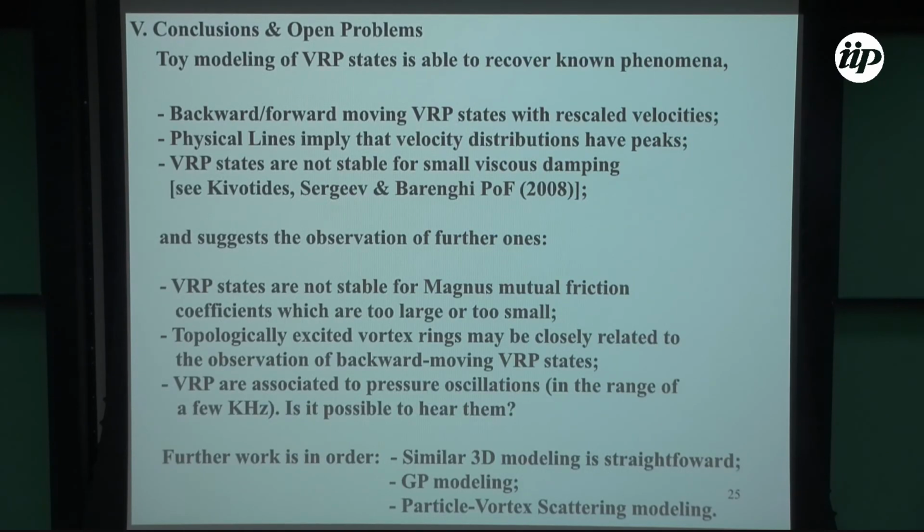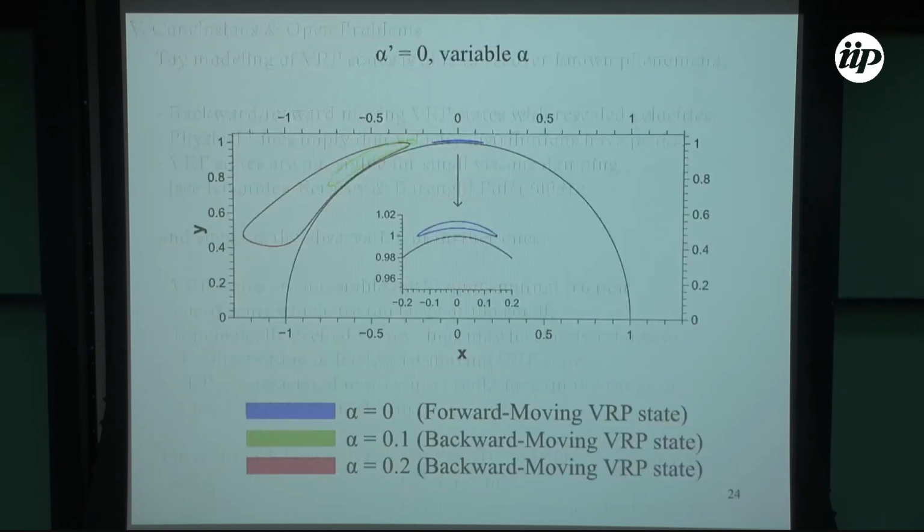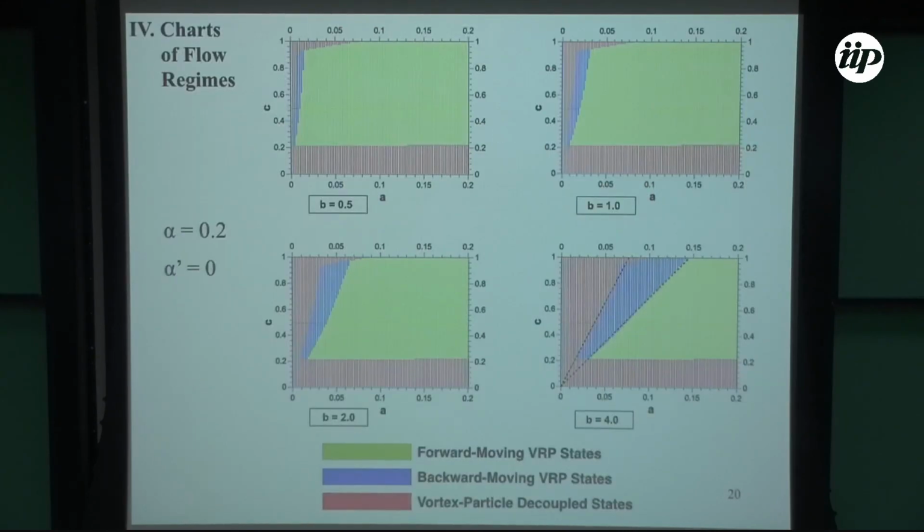Okay. So conclusions and open problems: the toy modeling is able to recover things that we already know, like the backward or forward moving VRP states with scaled velocities. The physical lines imply that the velocity distributions have peaks. This is observed. And also, if you get back to the diagrams, you see that if A is very small, you just have red regions here, which means that you don't have coupled states.